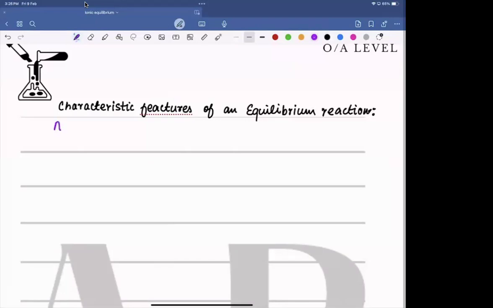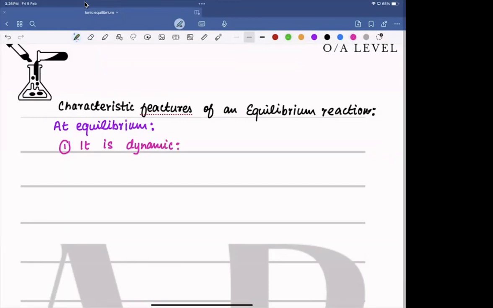At equilibrium, or when you say the equilibrium establishes, these characteristic features are observed. Out of these, the first one is that it is dynamic.